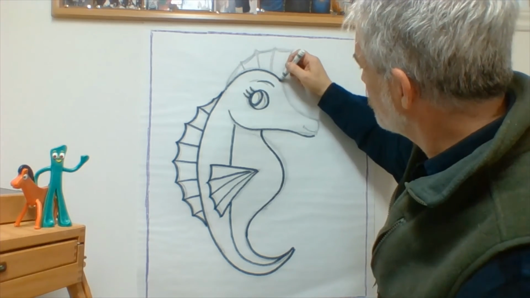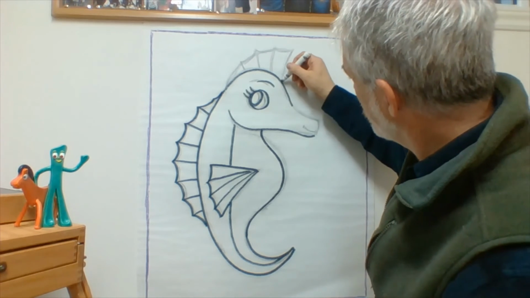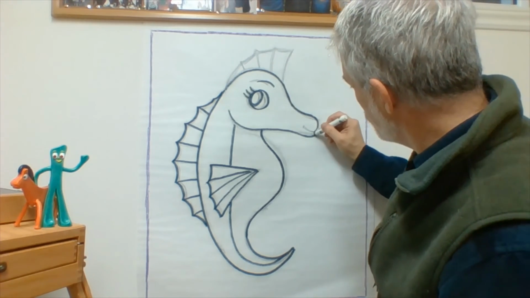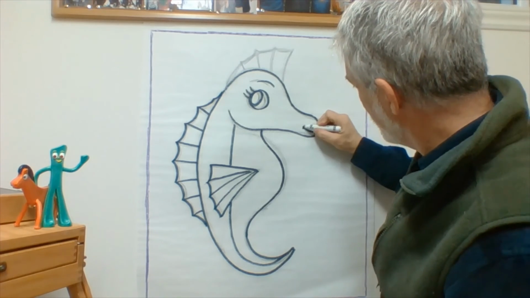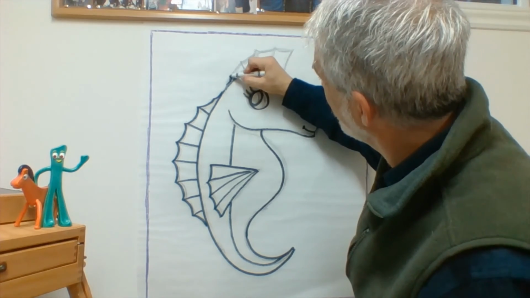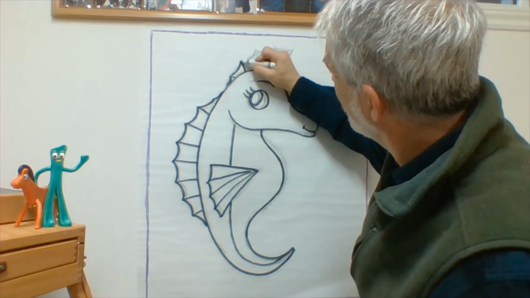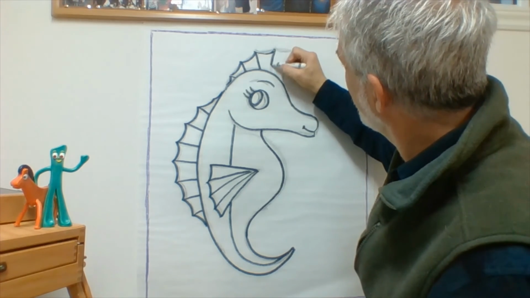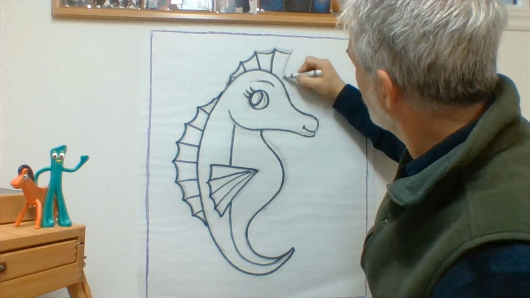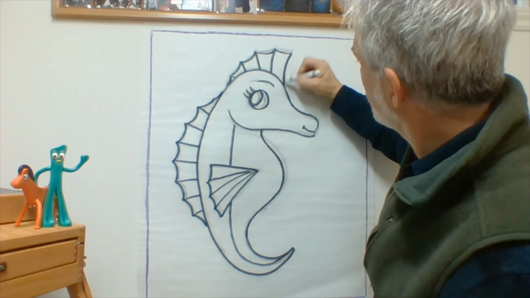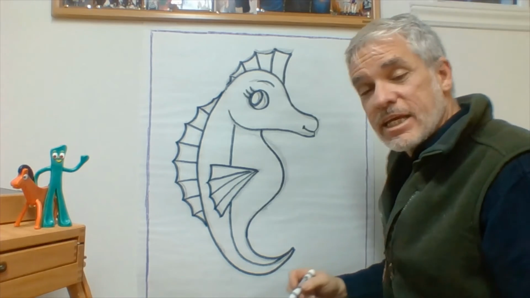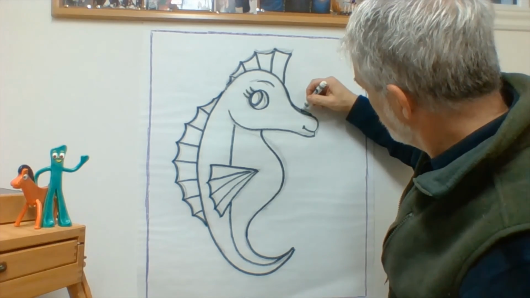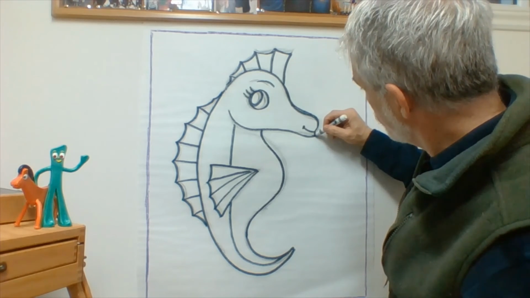Whatever you want to do to make your seahorse look the way that you want it to look, that's what you should do. And if there's any kind of details that you want to add to your seahorse that I didn't think of, well, you should do that also.